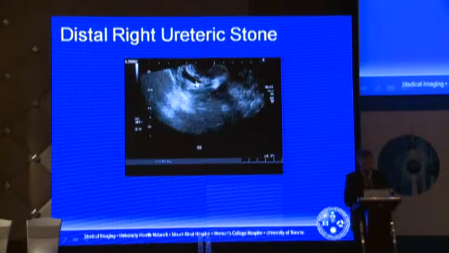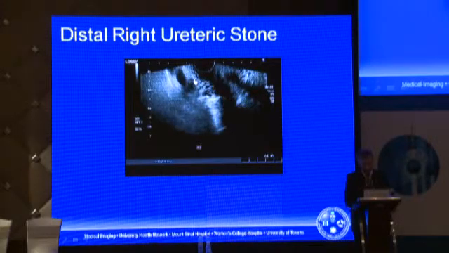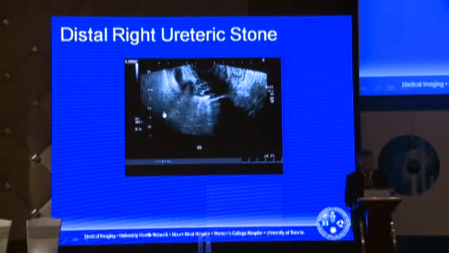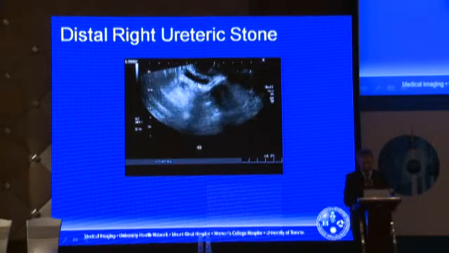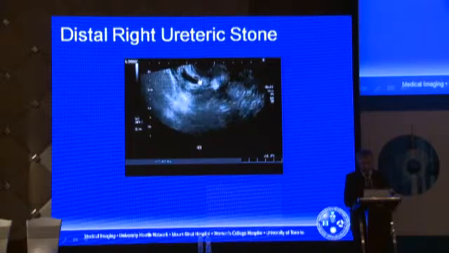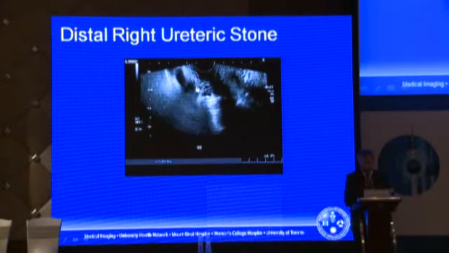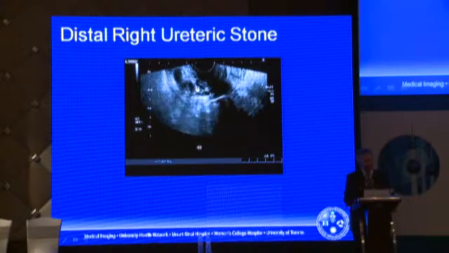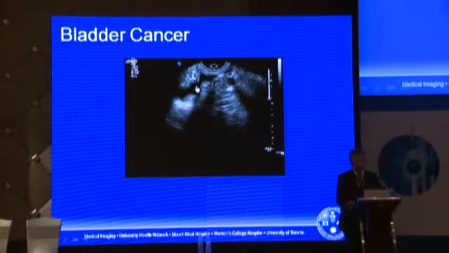So this is the bladder, this here is actually the ureter, and there's the stone, just there with the shadow. Hopefully that video will play again. So the ureter inserts just off the tip of the probe. There it is in transverse. There's the stone and the shadow. So you pick up very small distal ureteric stones.